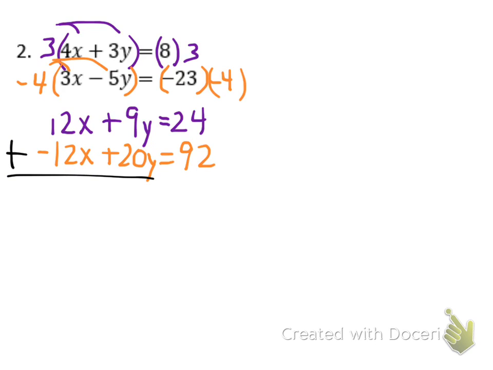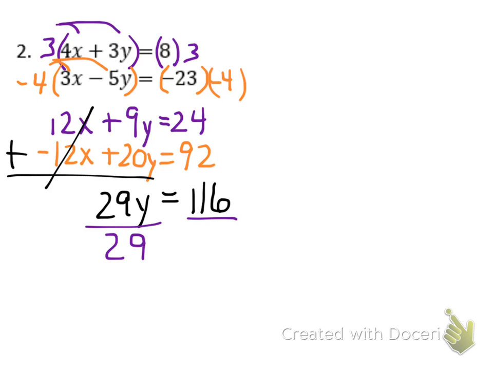Add the equations together, get 29y, the x's are eliminated, equal to 116. And then divide by 29. So y is 4.